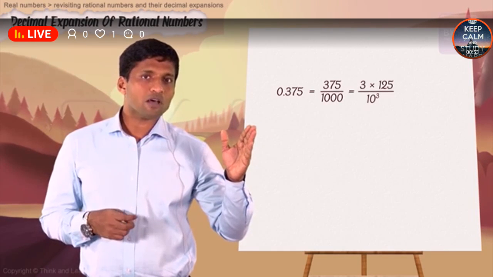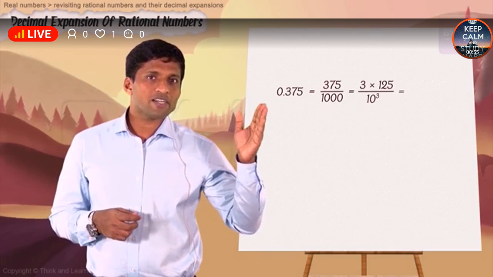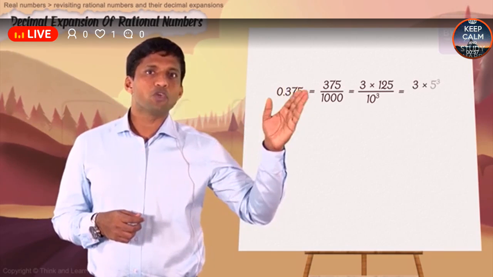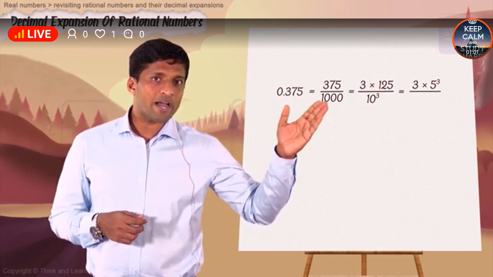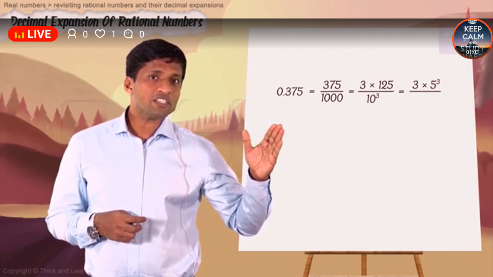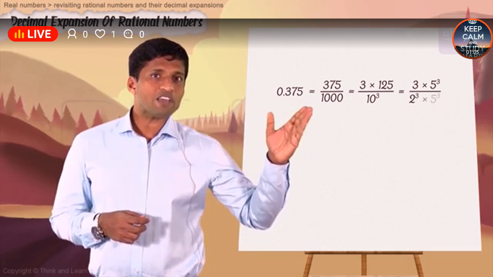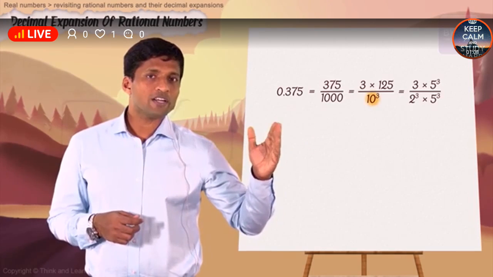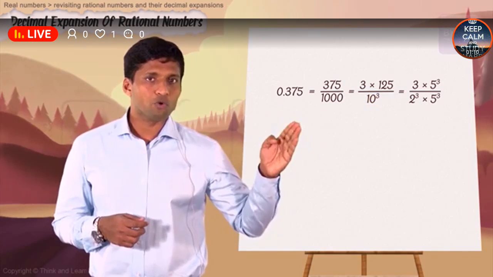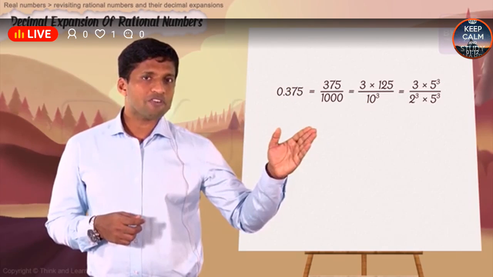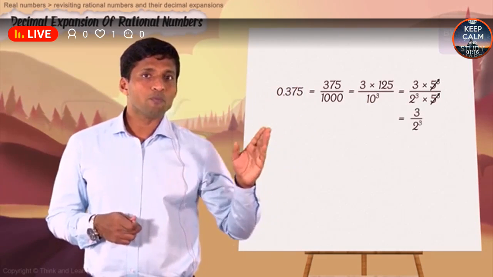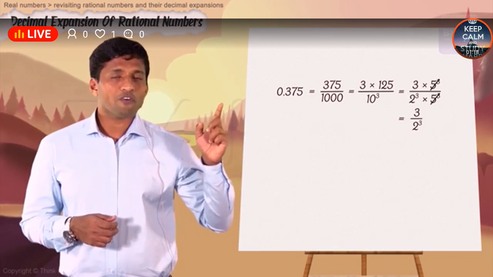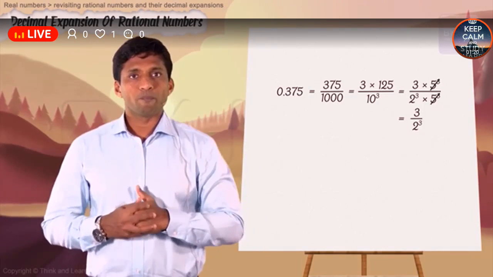Now 375 by 1000, I can also represent as 3 into 5 cube, because that's 3 into 125, divided by 1000, which can be written as 2 cube into 5 cube, because that's 10 cube. So 5 cube and 5 cube, if I cancel out, I'll get 3 by 2 cube. So here the format is 3 by 2 cube.